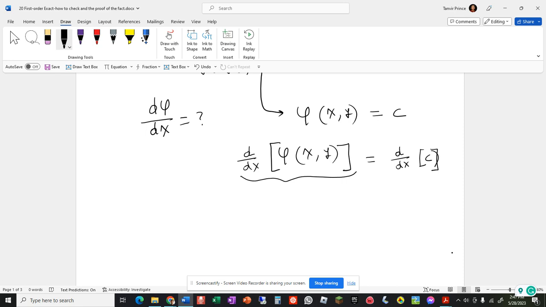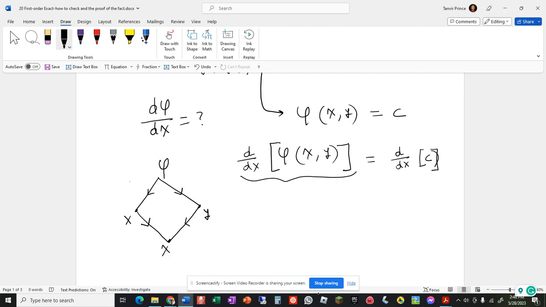So if you remember how we do the chain rule, you start with the function phi. In this case, phi depends on x and y, but y itself depends on x. And of course, x itself depends on x if you want. So if you think about this diagram, each path has a name.